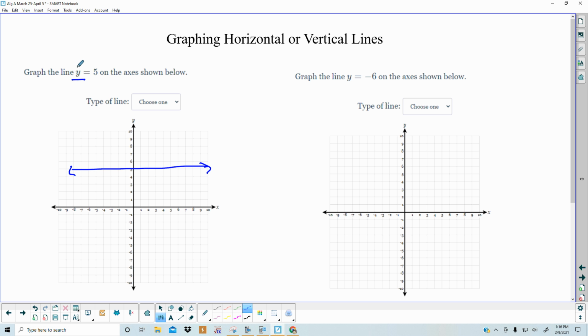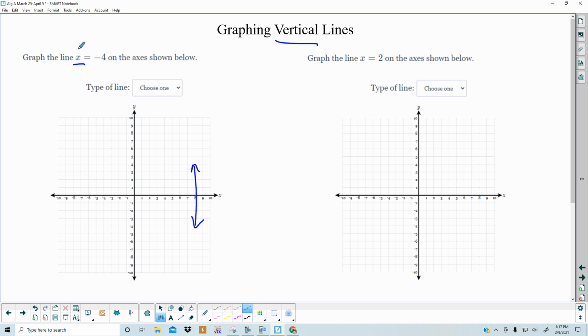It touches the axis for the letter that it has. It has a y, so it only crosses the y, so it's horizontal. This has an x, so it only crosses the x, so it's vertical.